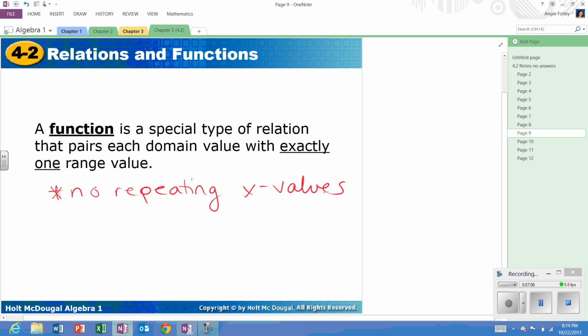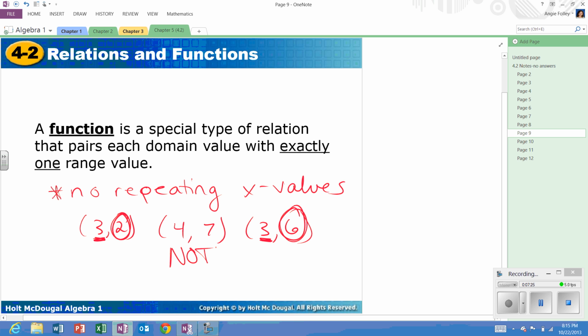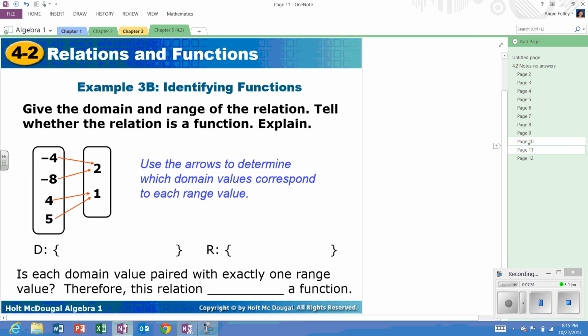So if I have like the point 3, 2, 4, 7, and then 3, 6, because I repeated my x value and it has two different y values, this is not a function. If every x value has its own y value, then it's okay, it is a function. But if it repeats, it's not a function.